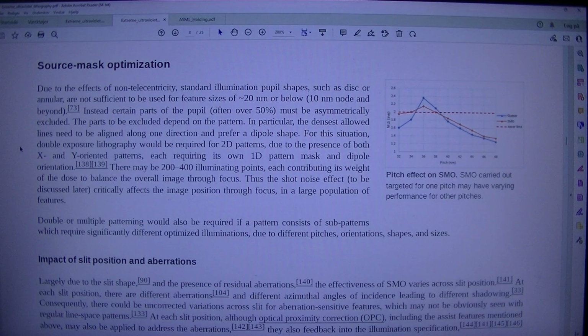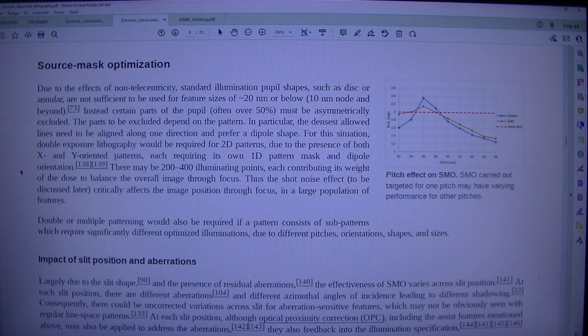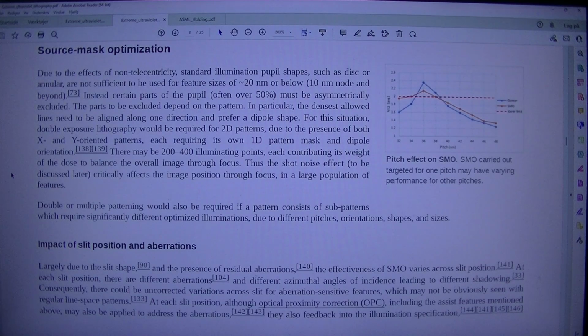Double or multiple patterning would also be required if a pattern consists of sub-patterns which require significantly different optimized illuminations, due to different pitches, orientations, shapes, and sizes. Impact of slit position and aberrations. Largely due to the slit shape and the presence of residual aberrations, the effectiveness of SMO varies across slit position.